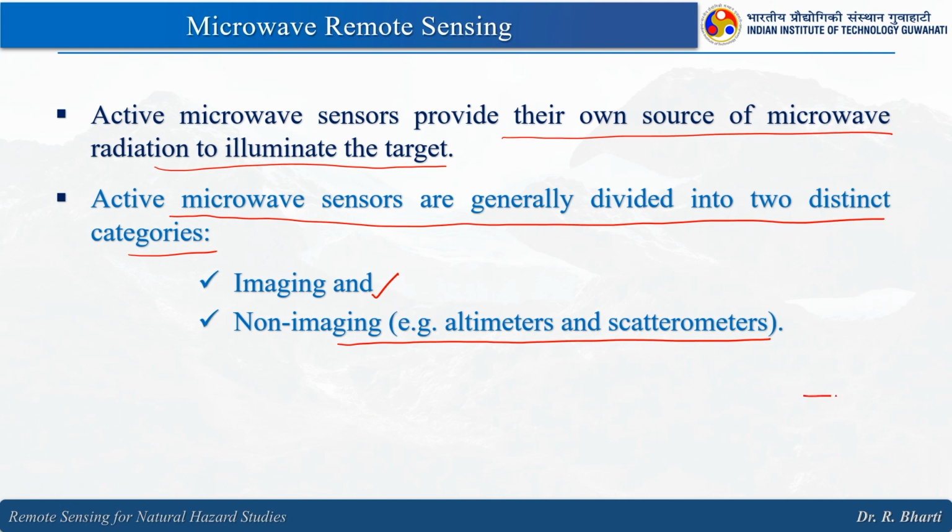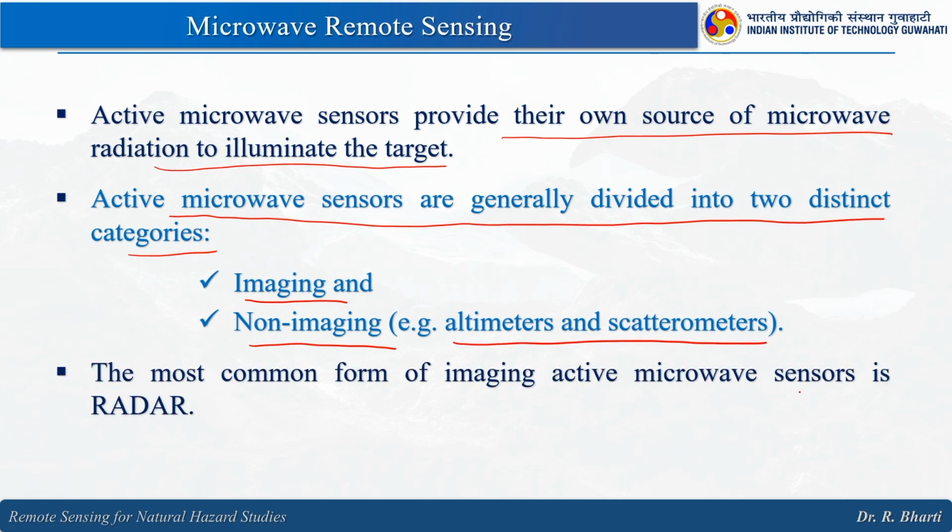This is also true for other remote sensing, right. Either we can generate an image or we can have only point measurements with the help of ground instruments, which look at a particular area, and for this particular pixel only you are getting all these values. Similarly, in the microwave domain we also have imaging and non-imaging.